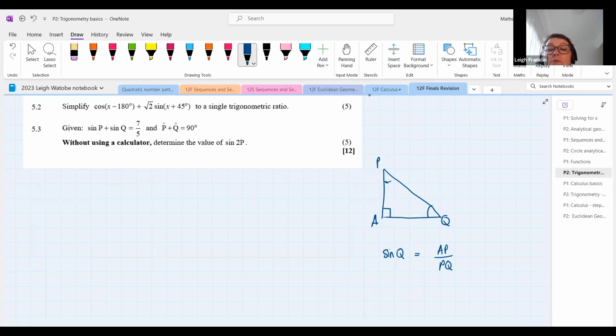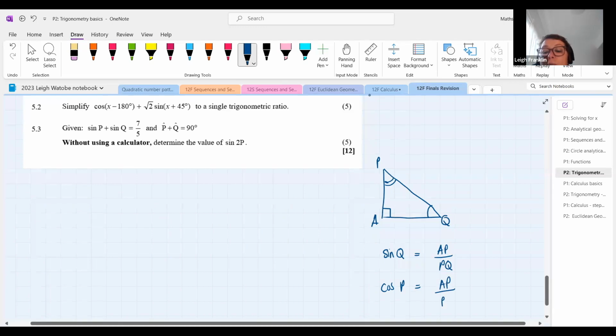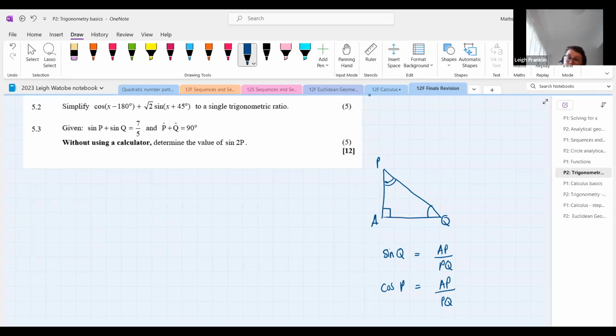But if I work from angle P and I do the cos of angle P, it's going to be adjacent over hypotenuse. So that would be AP over PQ. So our co-functions tell us that the sine of Q is the same as the cos of P. Does that make sense to everybody?